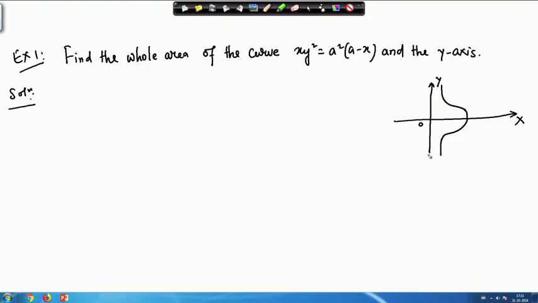We have to calculate the area between this curve and the entire y axis. Of course, this curve is symmetric along the x axis. So we calculate the area of this region up to the y axis, and then we multiply it by 2. That will give us the area between this curve and the y axis.